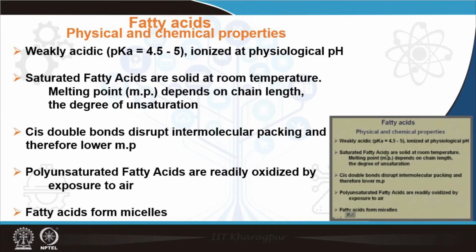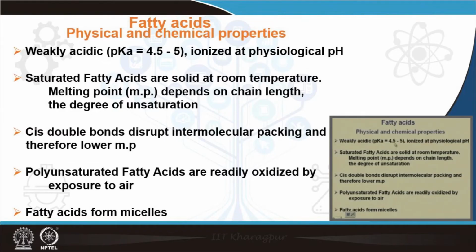Saturated fatty acids are solid at room temperature. The melting point, you understand, is going to depend on the chain length and definitely the number of double bonds present. Okay, on the degree of unsaturation.